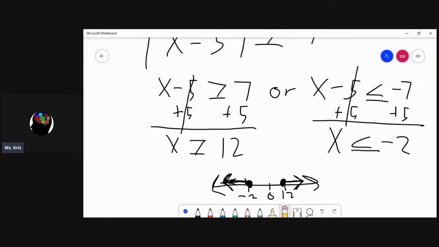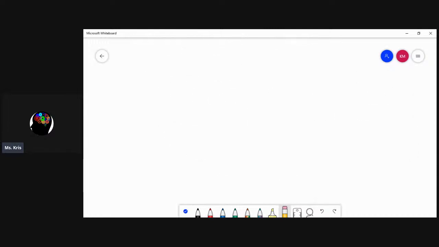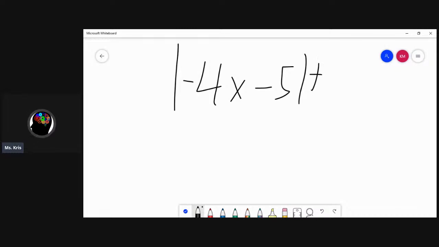Now, say for instance, on our next example, we have the absolute value of negative 4x minus 5, plus 3, that is less than 9.